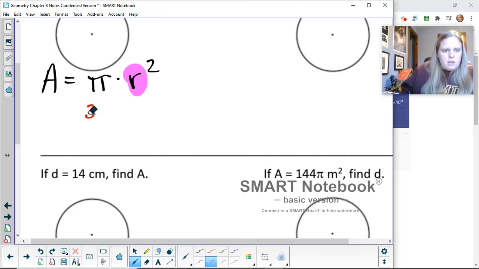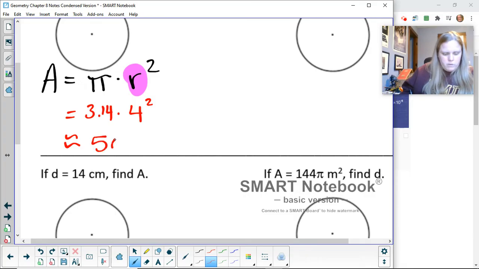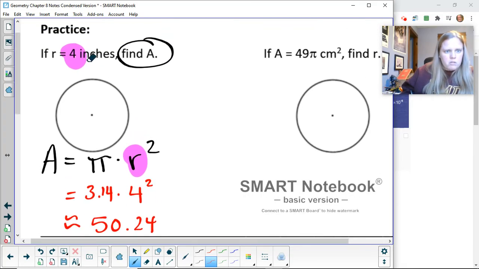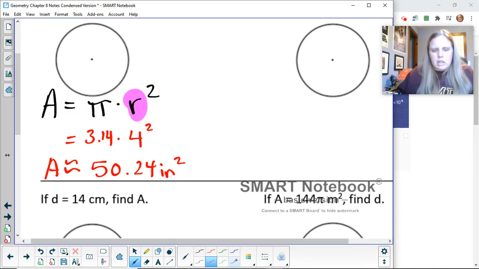So pi is 3.14. Radius was 4 squared, and 3.14 times 4 times 4. Because 4 squared is 4 times 4. And so this comes out to be approximately 50.24. What was the label? This was inches. So this is inches squared for our area. Nice, easy.